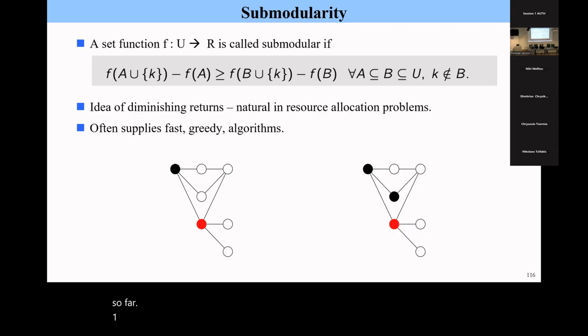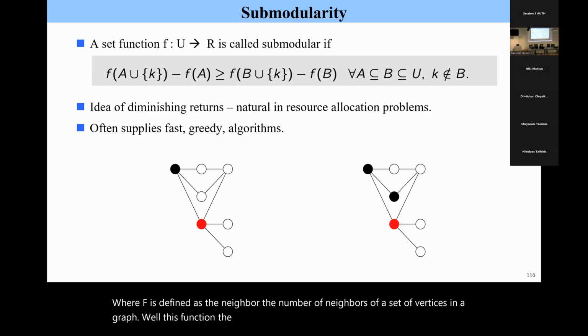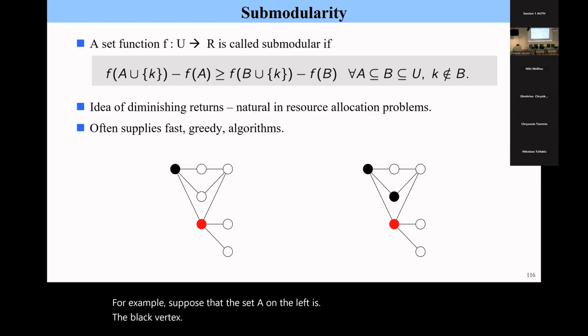One example of a submodular function is the following numerical example, where f is defined as the number of neighbors of a set of vertices in a graph. This function, the set of neighbors of a set of vertices, is submodular. For example, suppose the set A on the left is the black vertex, and the additional element that we add to it is the red vertex.